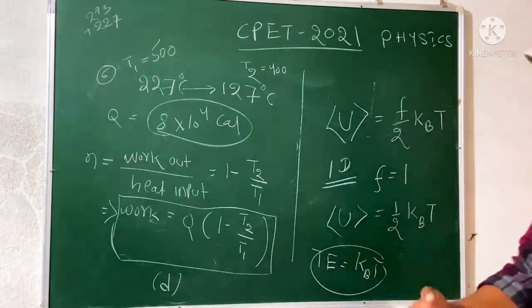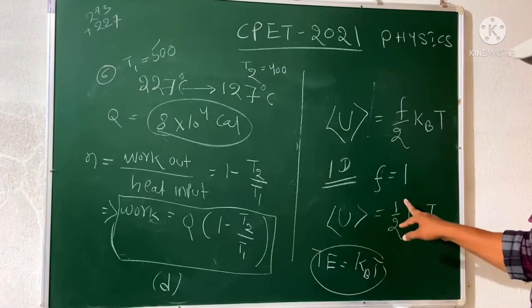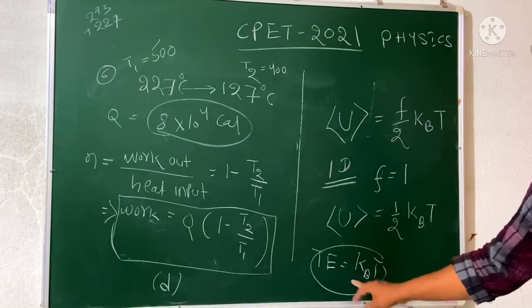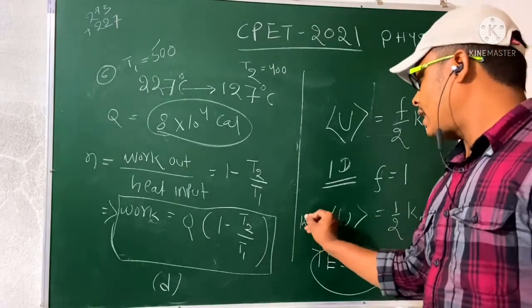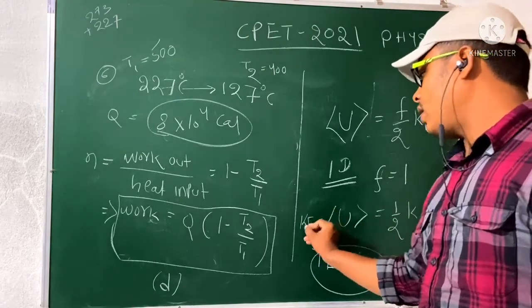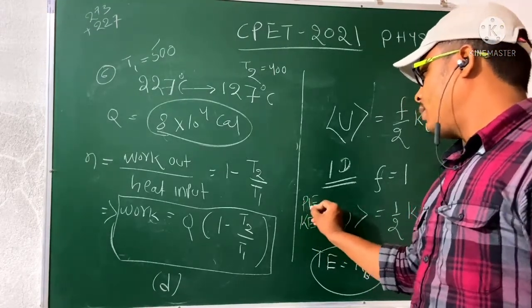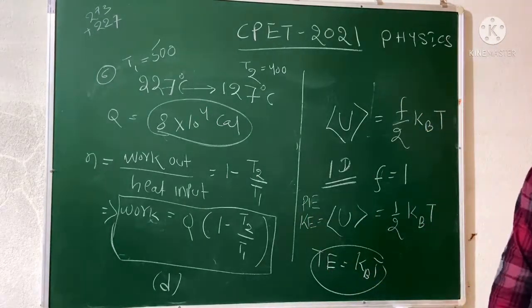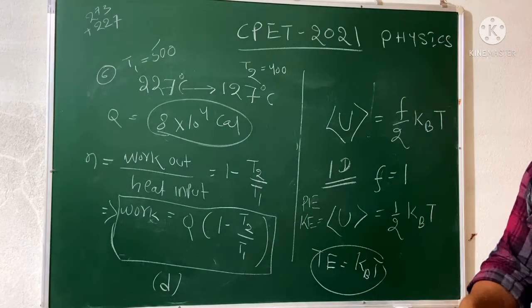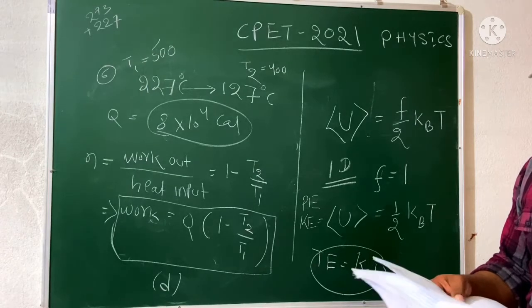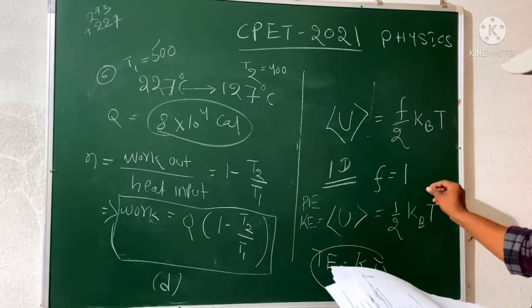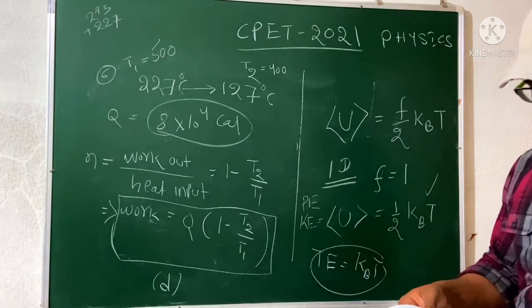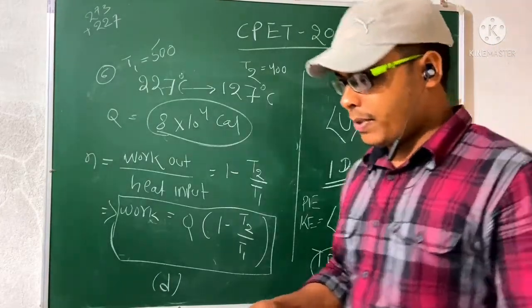So there are two options, half kT and kT. I don't know what the correct answer will be, but I think half kT will be the correct answer. Okay, so next we will go to question number 9.